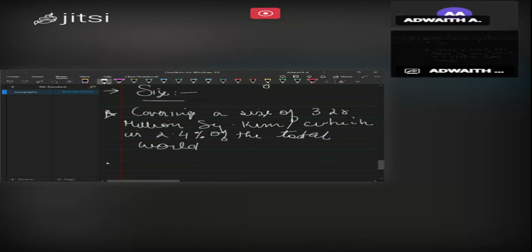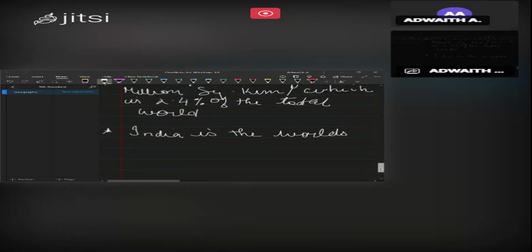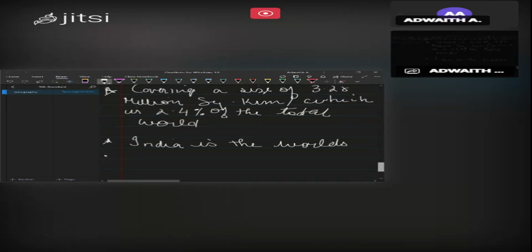Okay. Next, India is the world's seventh largest country.